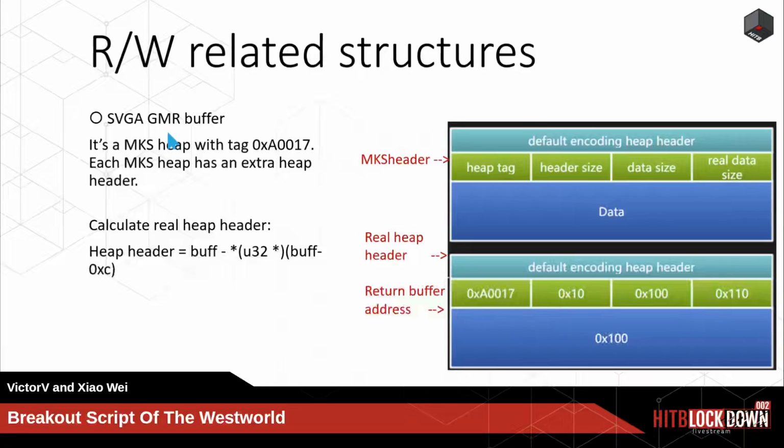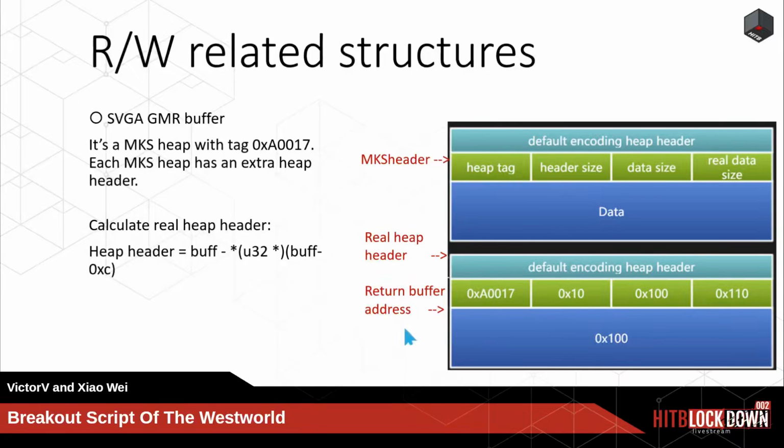SVJ GMR buffer is a MKS heap. MKS heap is a special heap with an extra heap header. The header field looks like this. It has a field named header size.